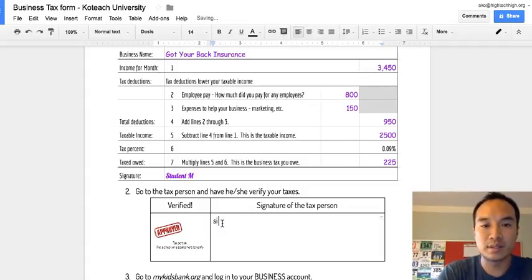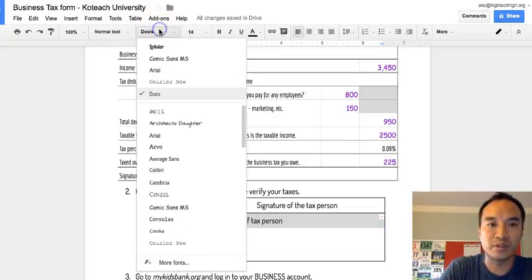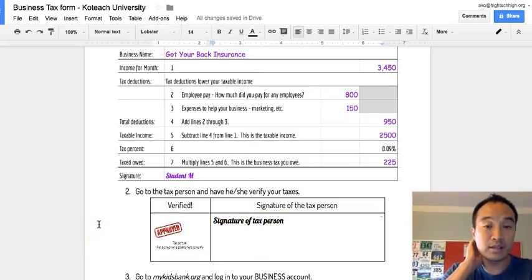And you're going to sign, signature of tax person. And let's pretend that's in a nice signature font. There you go. So you're just basically checking to see if they calculated their taxes correctly, not whether these numbers are necessarily accurate. That's for another person.